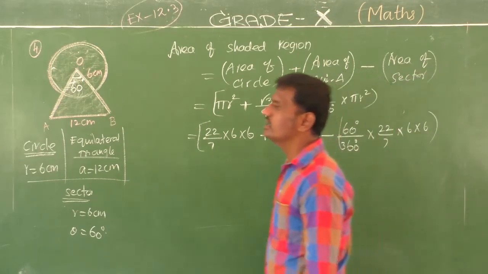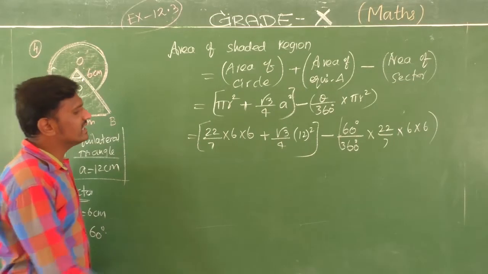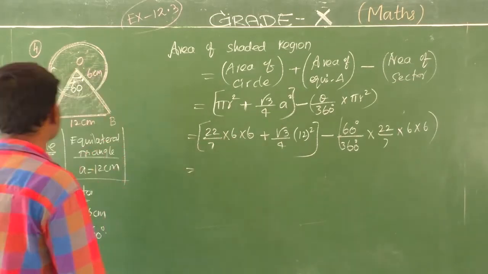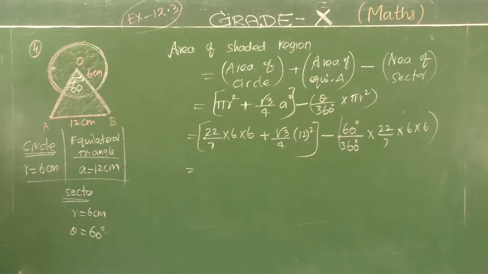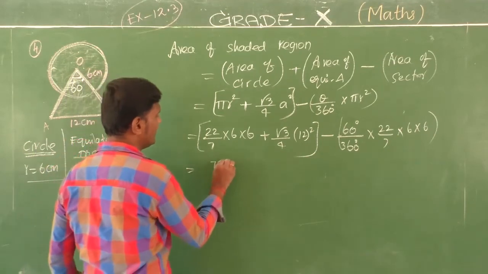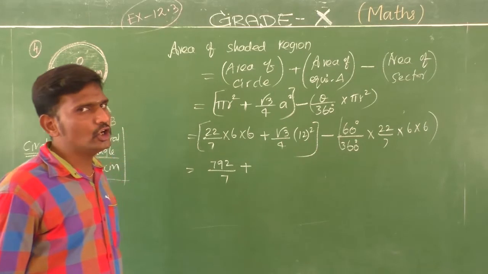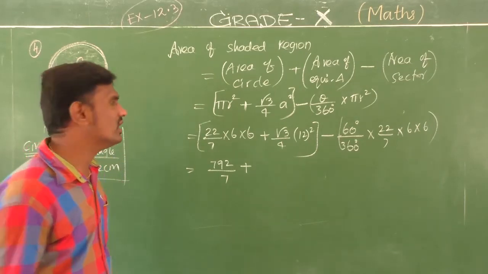Now the simplification, listen carefully all of you. Here nothing cancels. 6 6s are 36, and 36 is multiplied by 22, which gives 792 by 7, plus 12 square, which is 144.